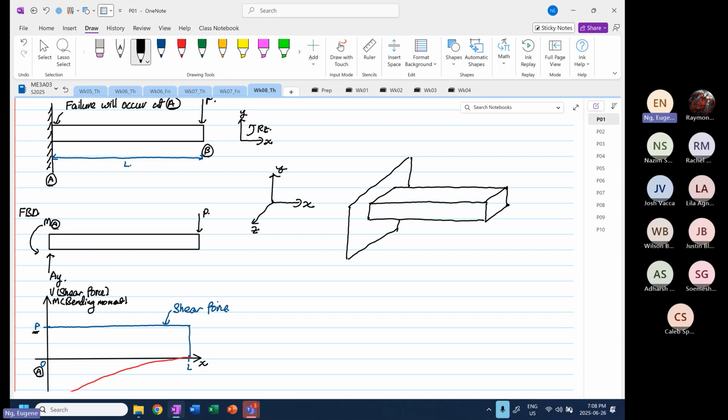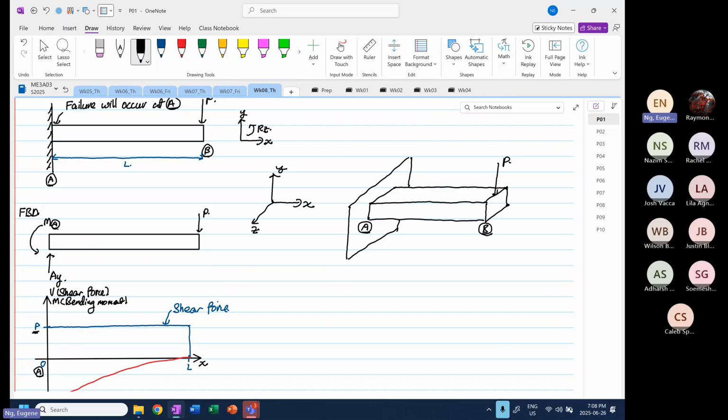Again, this is our point A. This is our point B. And then like what we had before, we have a load coming down over here, P. And the failure will occur at point A, as we mentioned.